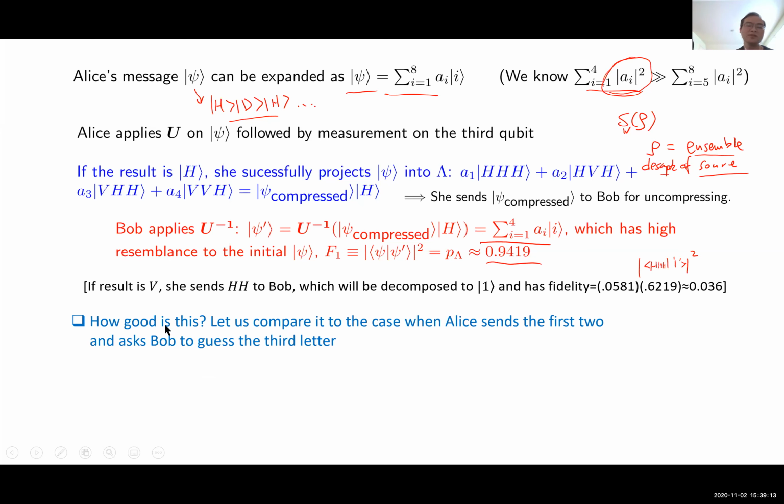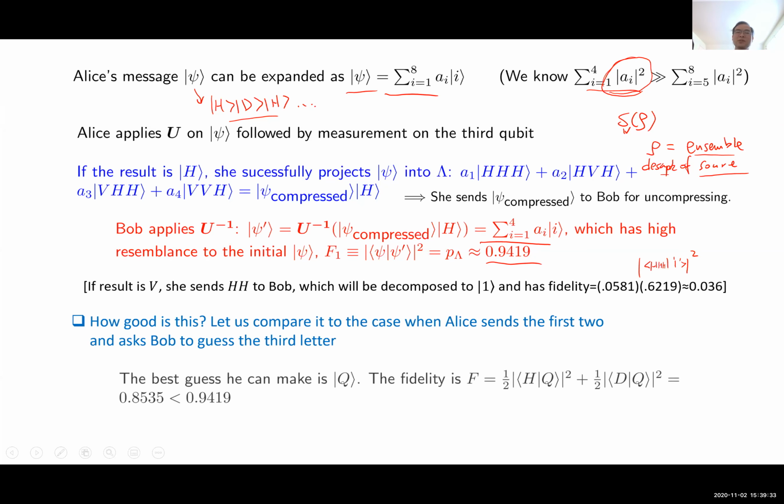You say, okay, is this really useful? You can compare with the case where we don't do any compression, but we are still limited to sending 2 qubits. In this case, what can Alice do? Alice will probably send the first 2 qubits and then just ask Bob to guess the third letter.